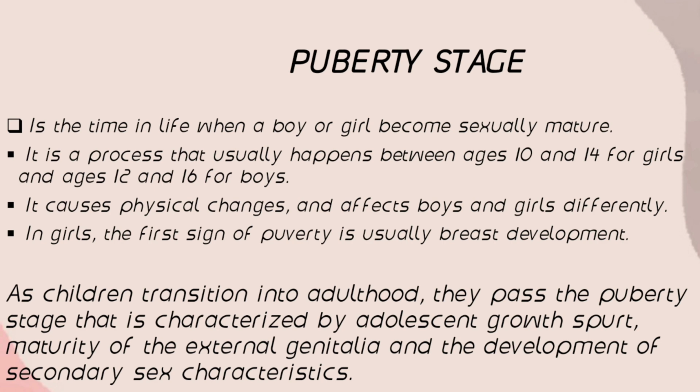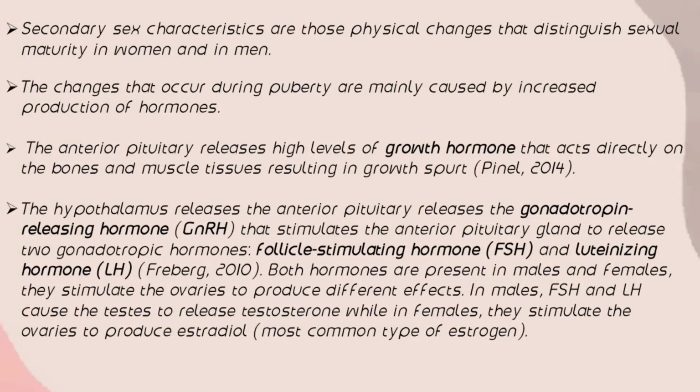As children transition into adulthood, they pass the puberty stage that is characterized by the adolescent growth spurt. Maturity involves the external genitalia and the development of secondary sex characteristics. Secondary sex characteristics are those physical changes that distinguish sexual maturity in women and in men.